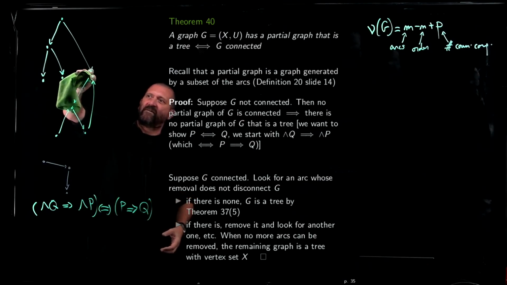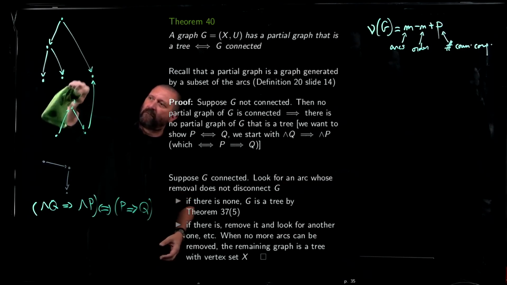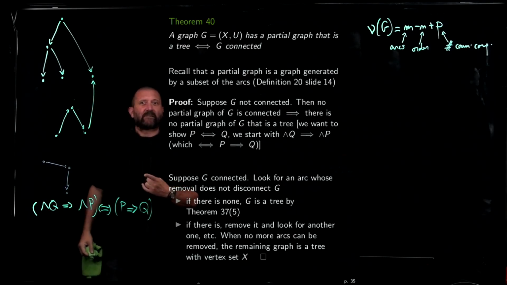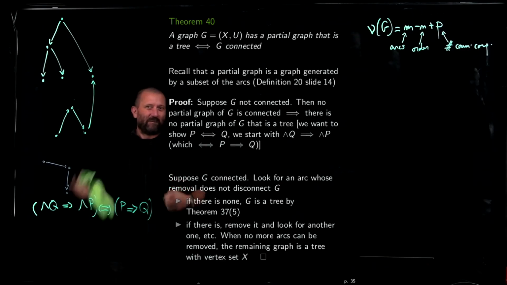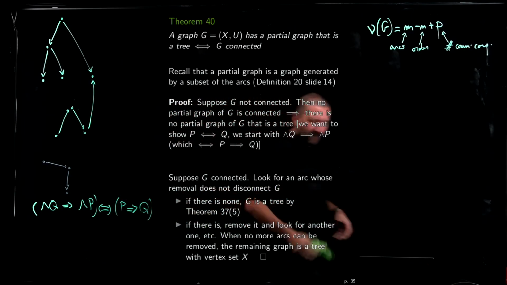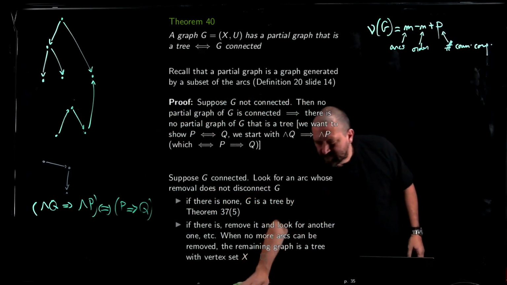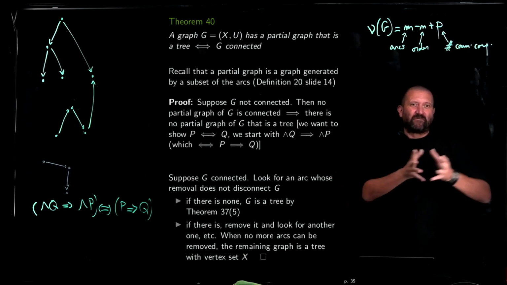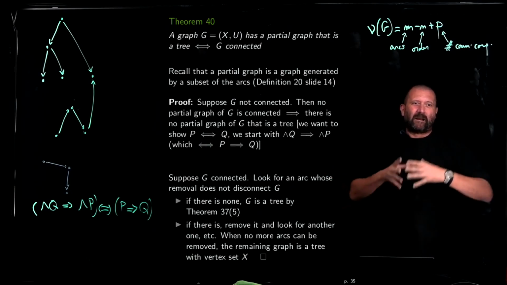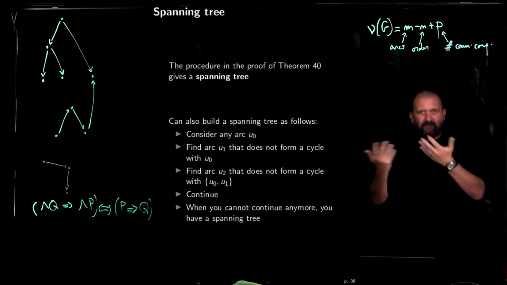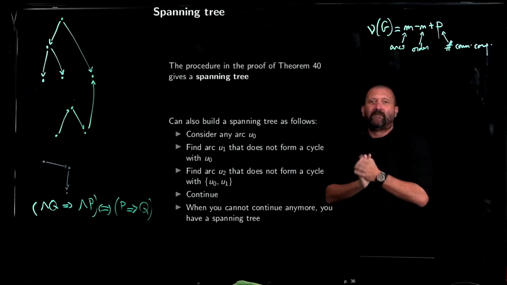But nothing says that I should not remove that one. That is a tree again. It's not the same tree we had before, but it's a tree. It's a spanning tree of the graph. Depending on how I choose to remove arcs, I am not going to get the same spanning tree.